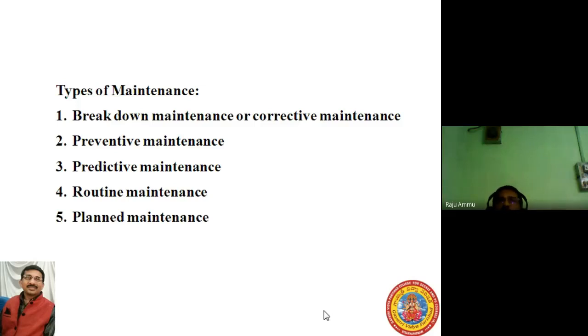Every manufacturing organization definitely needs this maintenance, because there may be machine breakdowns, or sometimes parts of the particular machine may have wear and tear.